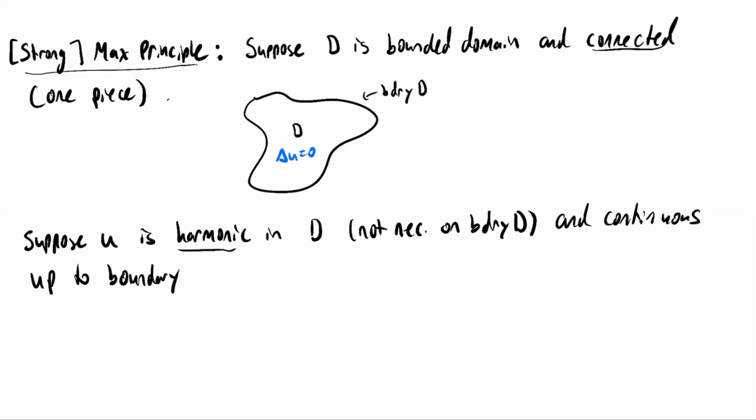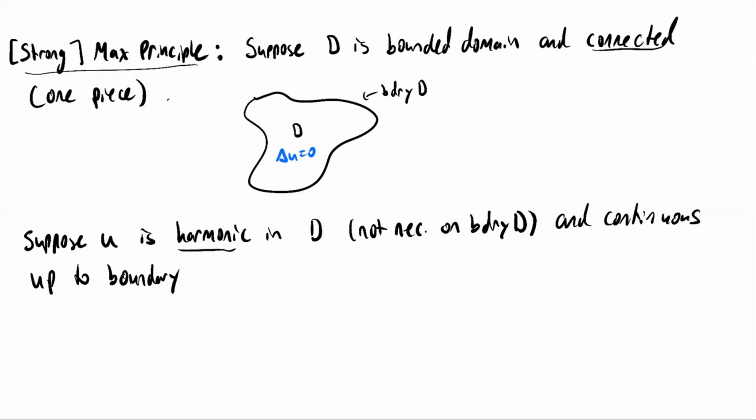That just means that if I consider a sequence of points converging to the boundary, and I look at the values of my solution at those points, then this should continuously converge to the value at the limiting point on the boundary. It's just the standard definition of continuity, but I allow my input to change in the domain, and the values of my function should vary continuously up to and including the boundary.